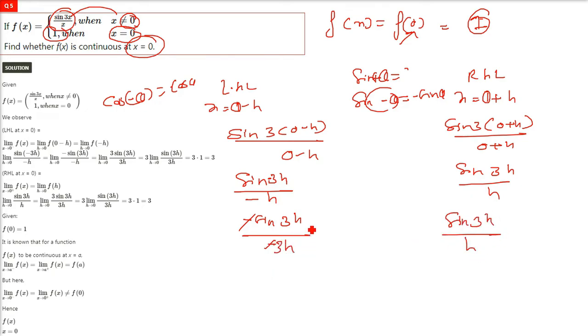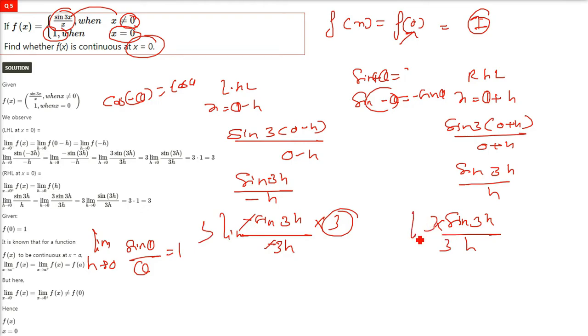So divide and multiply both numerator and denominator by 3 in both cases. So limit h tends to 0, sin theta by theta is nothing but 1. So sin 3h by 3h, limit in both cases, is going to be 1.